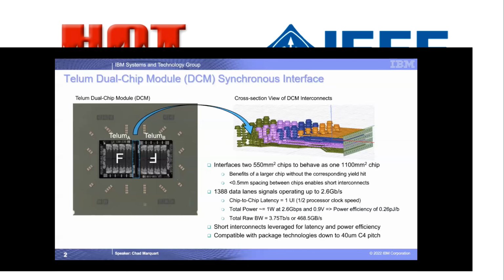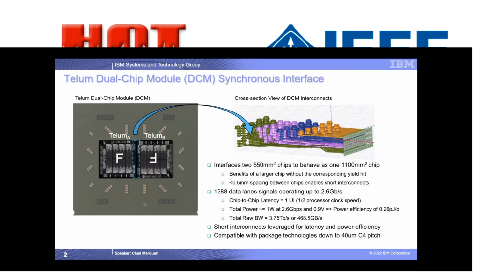The spacing of these two Telum processors is less than 0.5 millimeters, so this configuration enables very short and constrained interconnects, just several millimeters in length. We leverage this to squeeze in over 1,388 data lanes operating up to 2.6 gigabits per second.